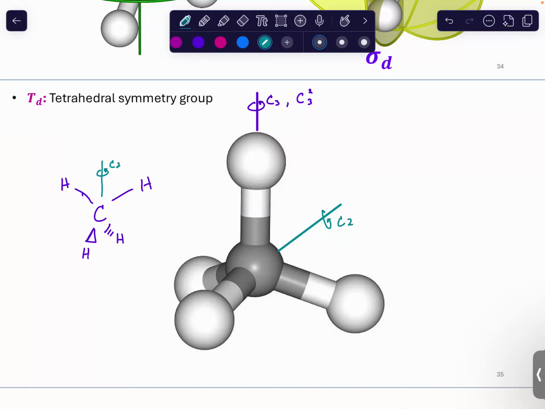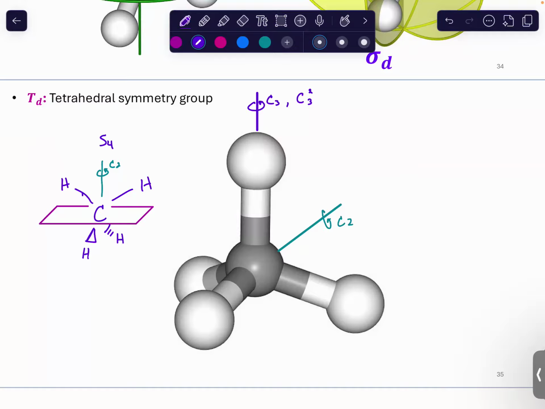Well, let's think about the improper rotation. If I'm going to put a reflection plane in the center, how far would I have to rotate it to get those to then reflect and make the same molecule over again? 90 degrees, which makes it an S4.